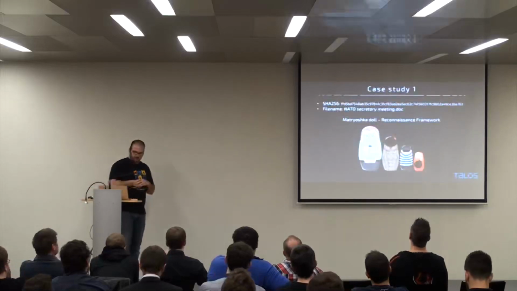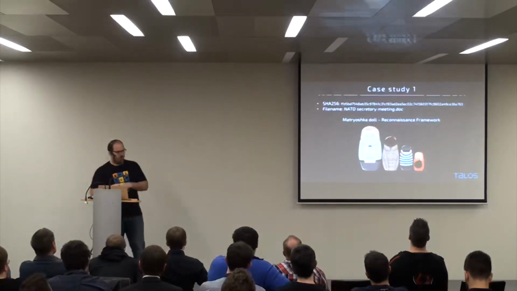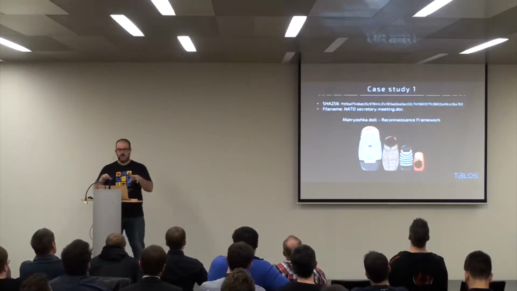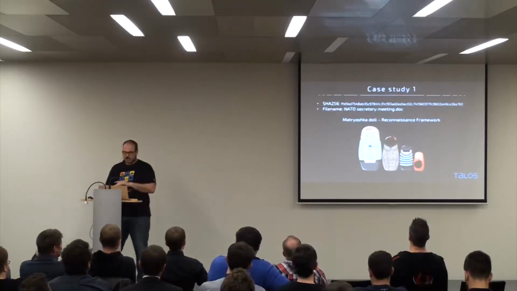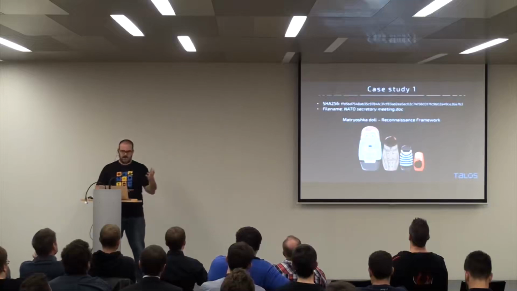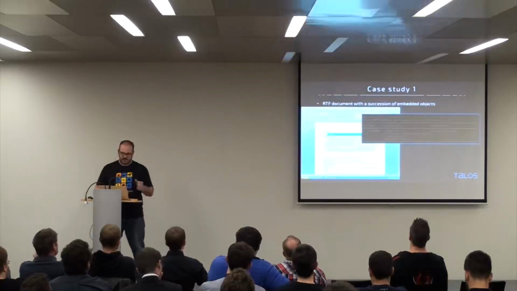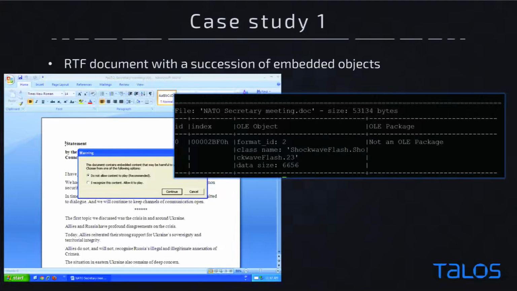The first one, so you can have the hash. Generally, I always provide the hash on my slide to be sure you are able to analyze it if you wish. The file name was NATO Secretary Meeting.doc. So it's a Microsoft Office document, and in this case it was a document that included a Flash object inside of it.